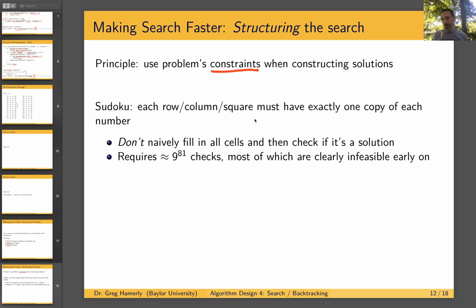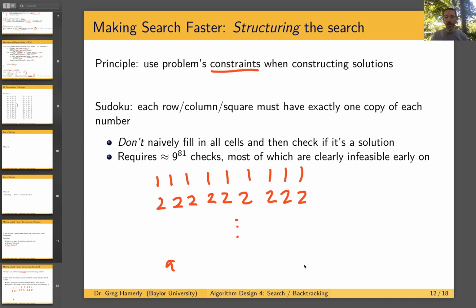So a really bad solution would be to fill in all the cells and then check if that's a solution. And when I say fill in all the cells, I mean fill it in like 1, 1, 1, 1, 1, 1, 1, 1, 1, then 2, 2, 2, 2, 2, 2, 2, 2, 2, and so on down to nines all the way down here, right?